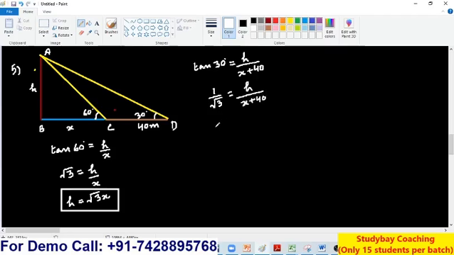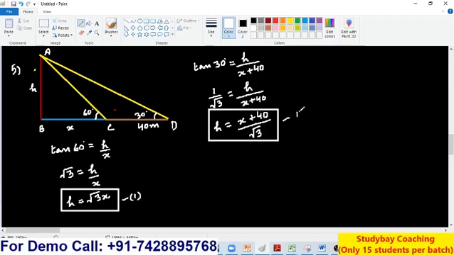Alright. Now this H will be equal to (x plus 40) upon root 3. You can take it as a second relation. So this is our first equation and this is our second equation.